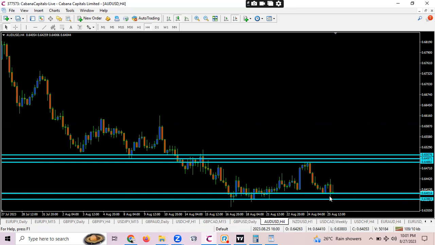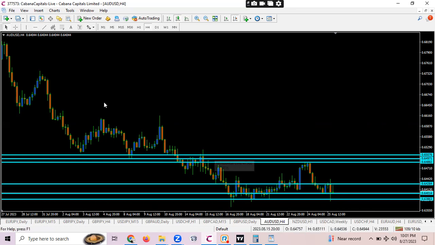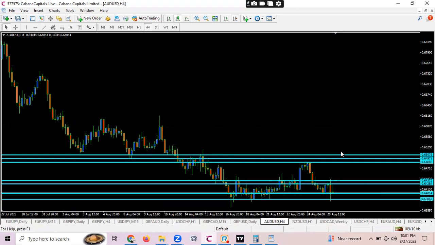And if you are considering buying, I would suggest you wait for a 4 hour candle to close above this resistance before you buy. And if you are buying above this level, your stop loss should be at this level.